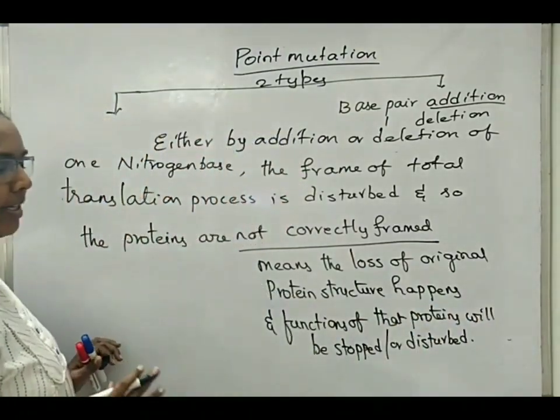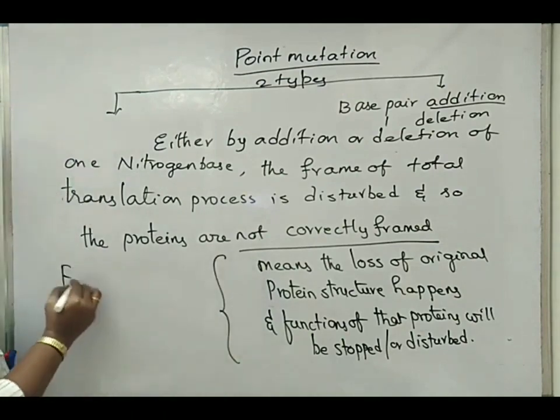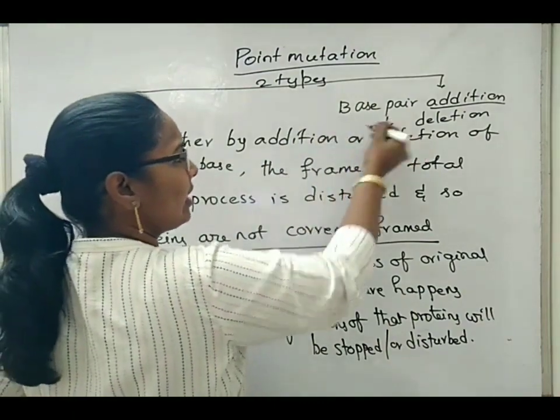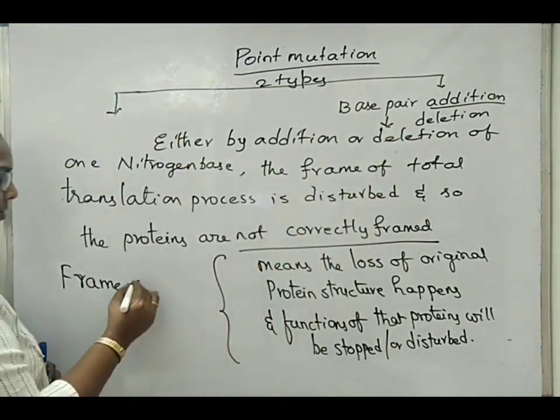So this can be considered as one best example for frame shift mutations. Base pair addition or deletion means nothing but frame shift mutations.